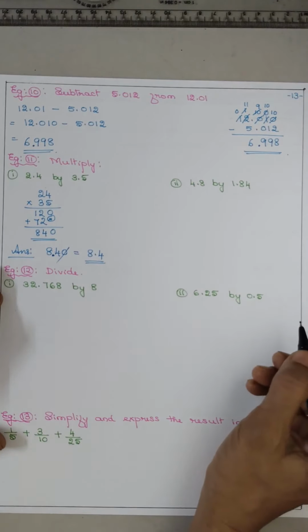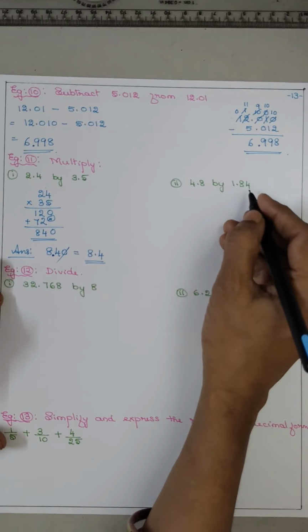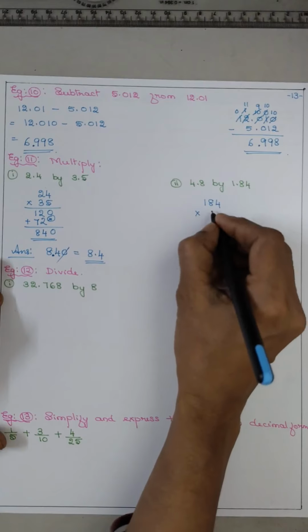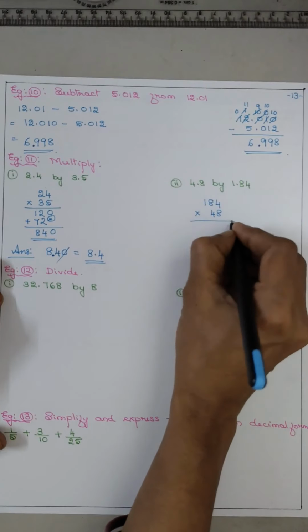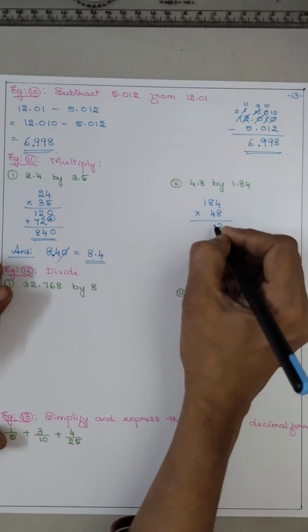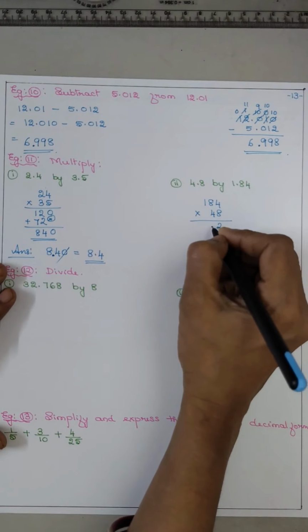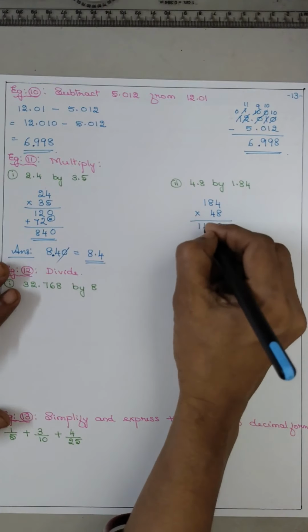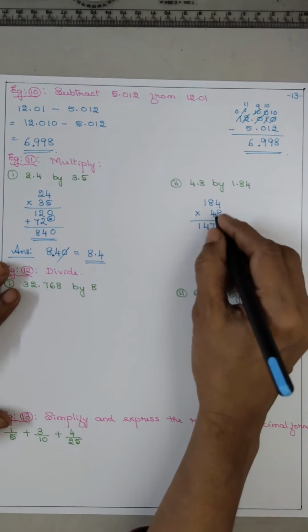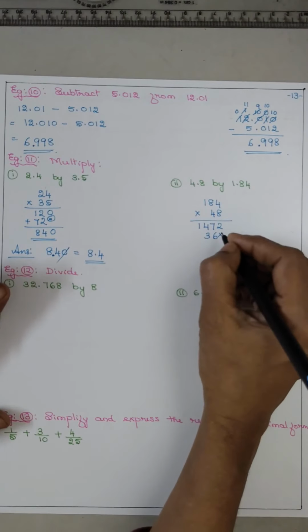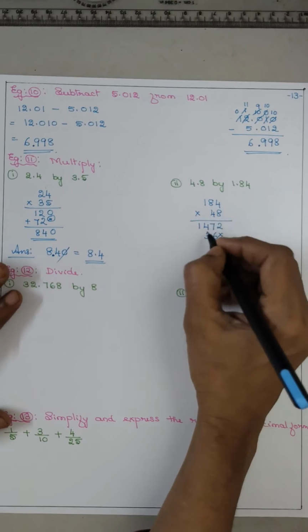Now coming to the next sum, the 3-digit number we have to write first and then 48. 8 fours are 32, 8 eights are 64, 65, 66, 67, 8 ones are 8, 9, 10, 14. 4 fours are 16, 4 eights are 32, 33, 4 ones are 4, 5, 6, 7.